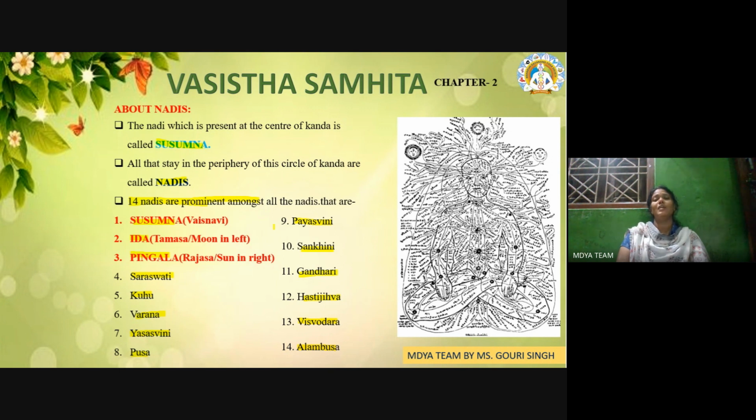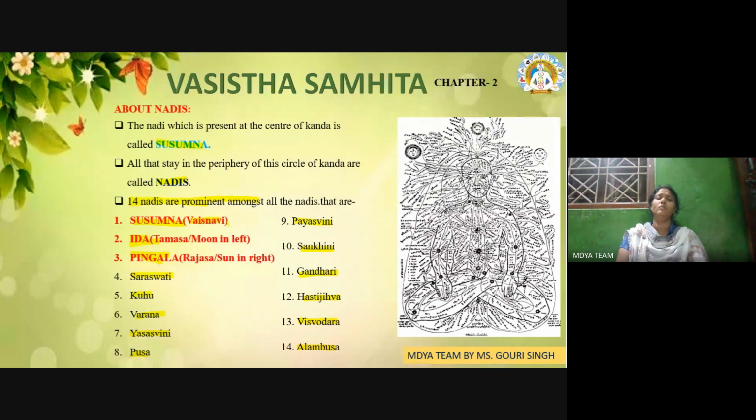Again, Vasishtha clarifies that among these 14 nadis, 3 are very, very important: Susumna, Ida, and Pingla. Here it is stated that Vaishnavi is the other name of the Susumna.